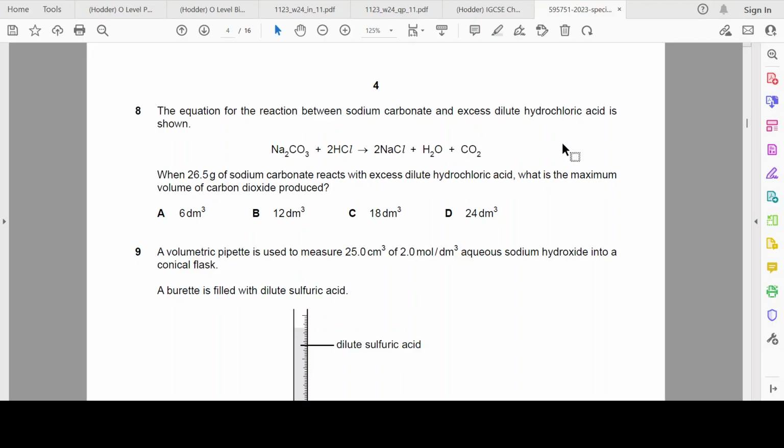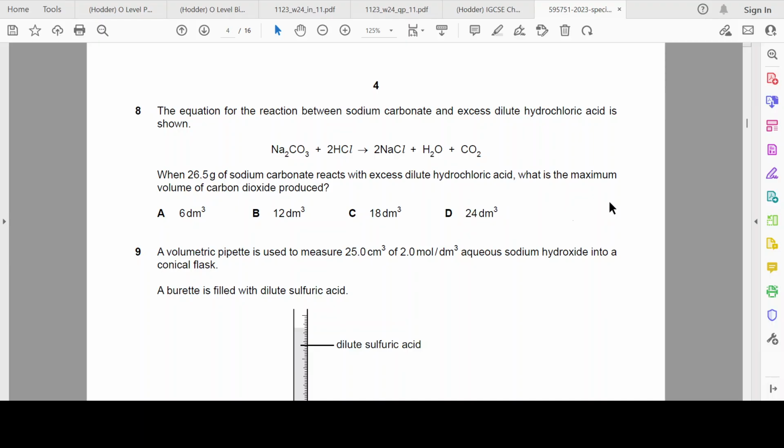Carbon dioxide is a gas, and so it's measured in terms of its volume. 1 mole of a gas gives you 24 dm³. So what will be the volume of 0.25 moles?